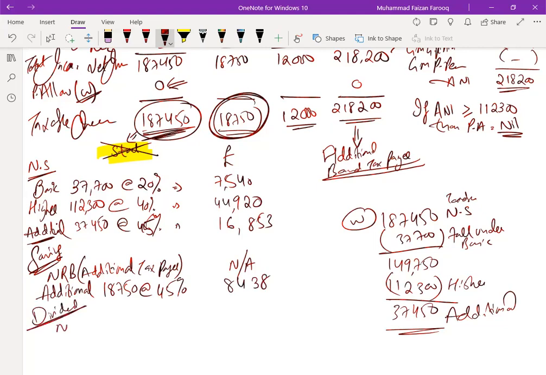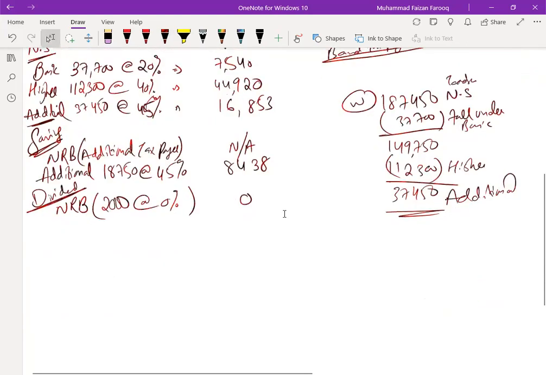In dividend, we do have a nil rate band. What is the limit of the nil rate band in dividend income? 2,000. 2,000 is the nil rate band limit for dividend. It is constant. Whatever the person's status is, this will remain the same. 12,000 is total dividend.